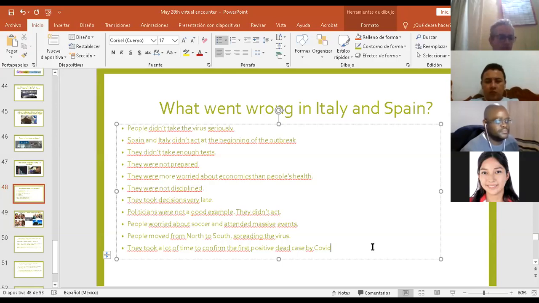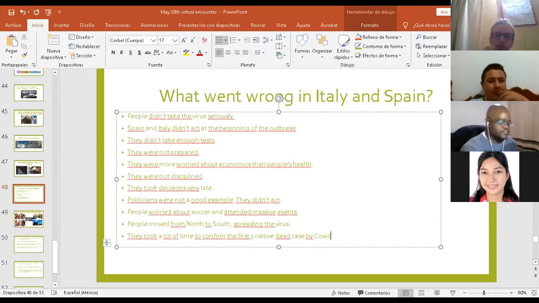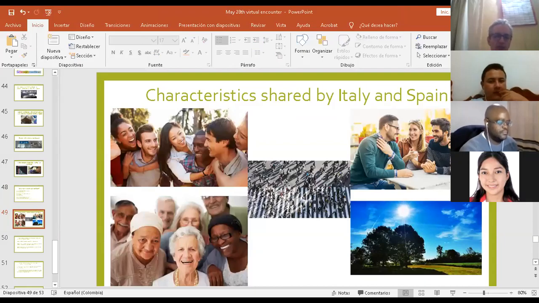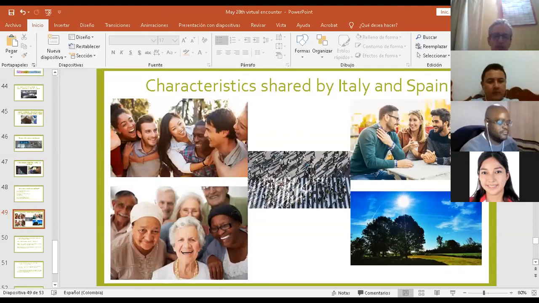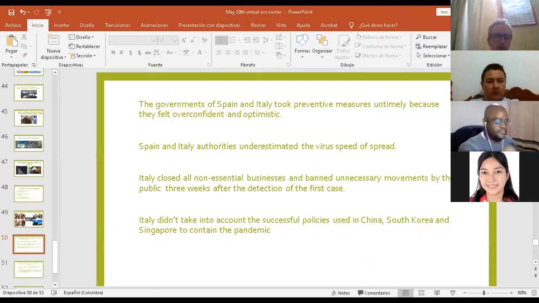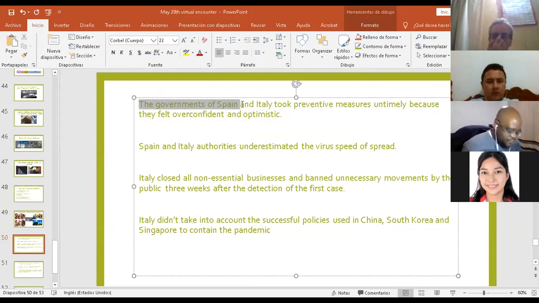Well, let's do a very quick exercise, orally. We have here some sentences in active voice. You need to change them into passive voice. So what you have to do is to identify the object. We have the subject here, the verb here, and the object.